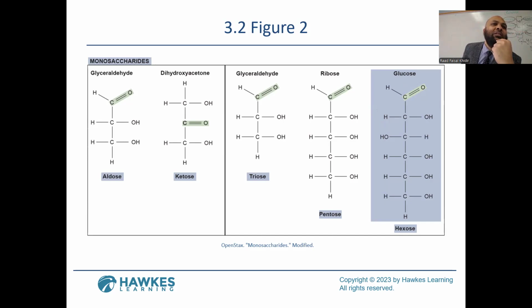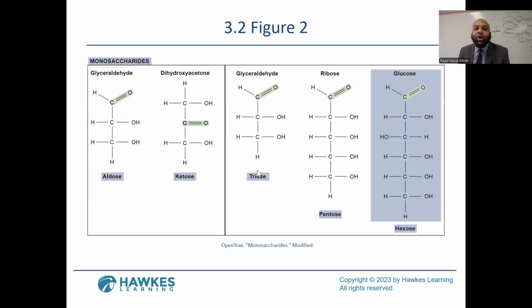How much carbon does the aldose look like it has? Three carbons? No, this is a different classification. This is a classification on the right here. When you look at triose, pentose, hexose, that's how many carbons you have. Penta is a five. Tri is a three. But aldose and ketose is whether the carbonyl is attached to two carbons, or is it attached to one carbon and a hydrogen?